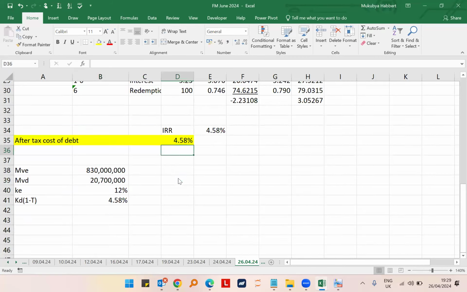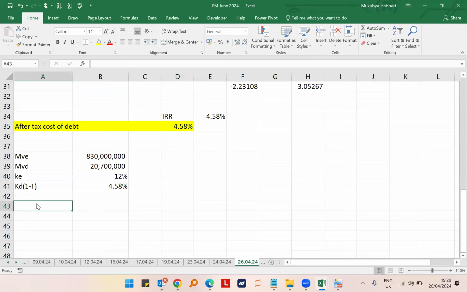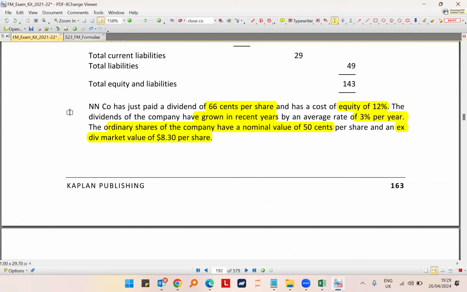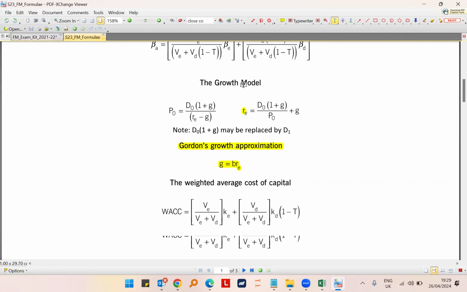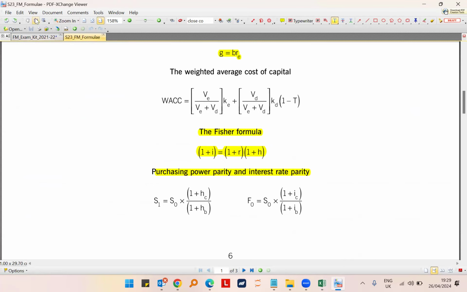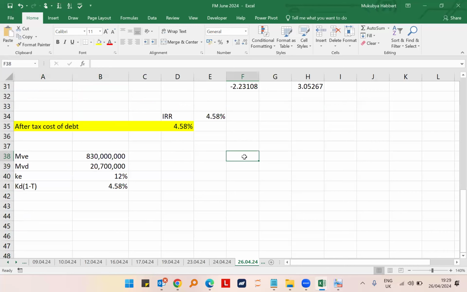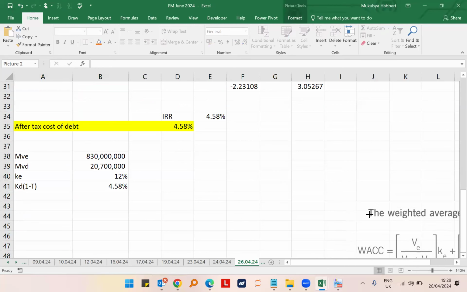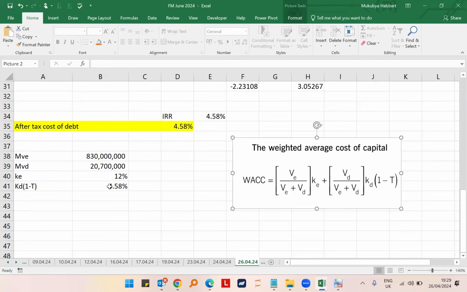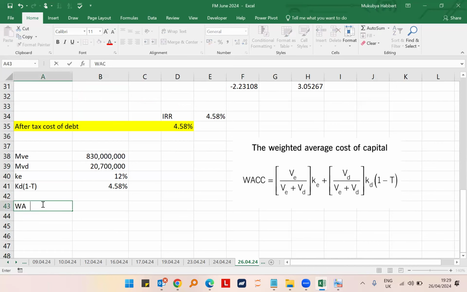So now that we have this, I don't know if the formula is still clear to you, or should I bring it here? Okay, let me just bring it here. So this is the formula for WACC.